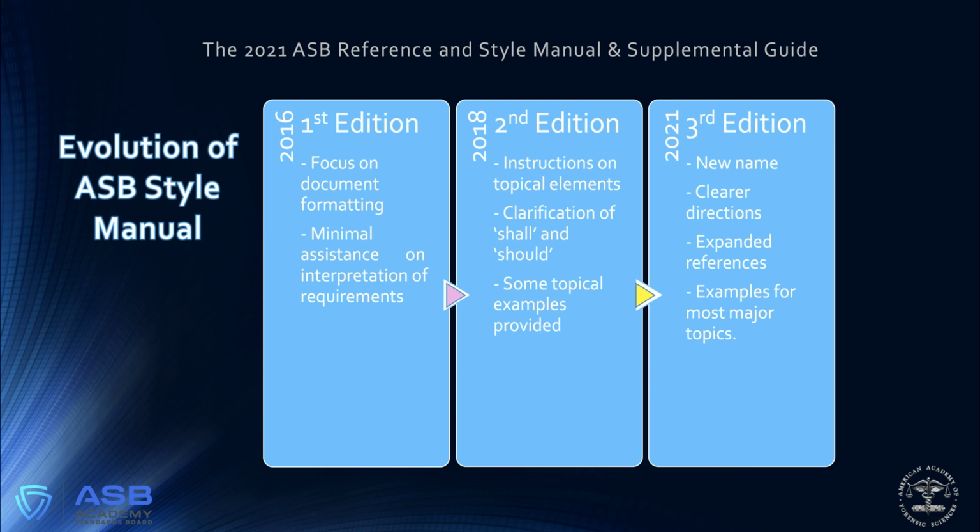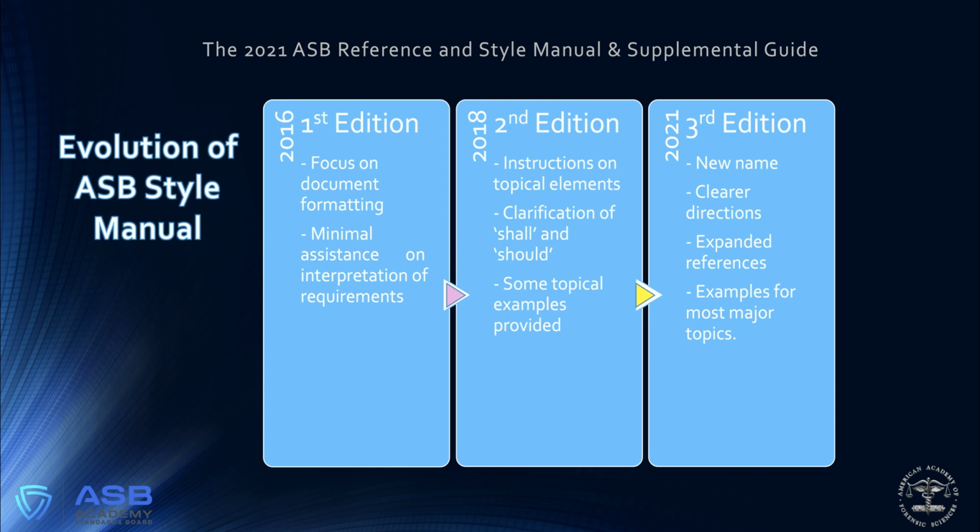However, as you, our ASB volunteers, have produced more and more documents, you have more and more questions about content, about expressions of content, formatting, and the use of annexes. So ASB staff decided to respond by creating this 2021 version that provides clearer directions and more examples intended to help you as you do your job for ASB.